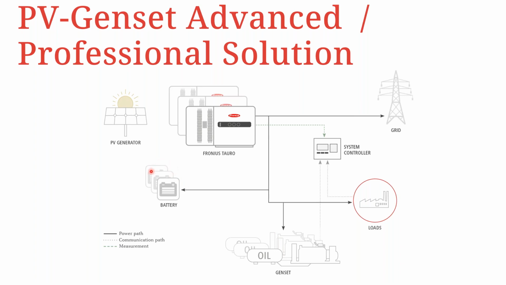It makes a lot of sense to have it supplied by the storage facility over the weekend. And then once Monday comes around, which is the beginning of a new working week, the gensets can now come into play. So this comes in as a very flexible addition to such a PV genset setup. Great.